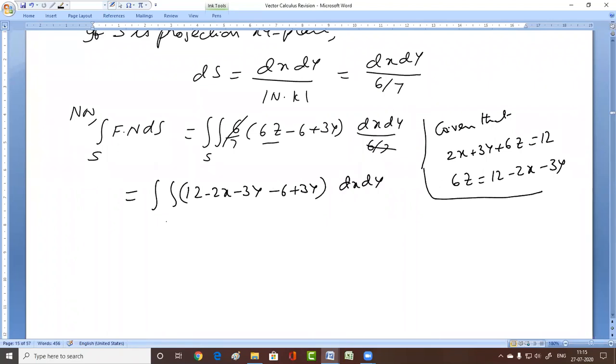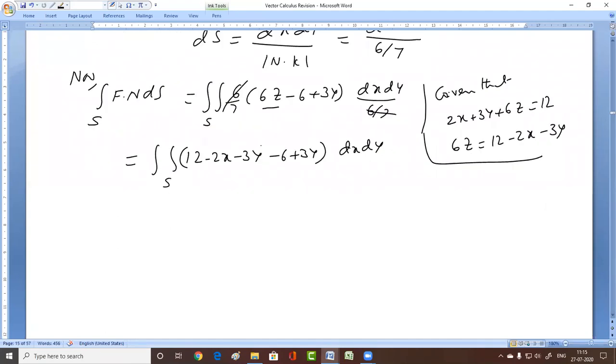Next I will explain the limits. Here 3y cancels. 12 minus 6, so the double integral of (6 minus 2x) dx dy. Now what about the limits of x and y? Here this is very simple.